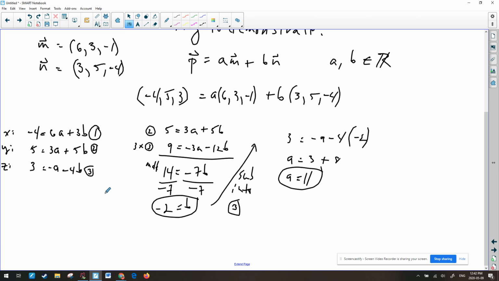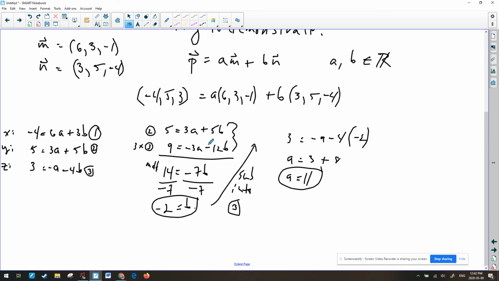So what we have is a consistent solution. And I think I may have made a mistake in my algebra, but the fact remains that in theory, we have a consistent solution for these two equations.